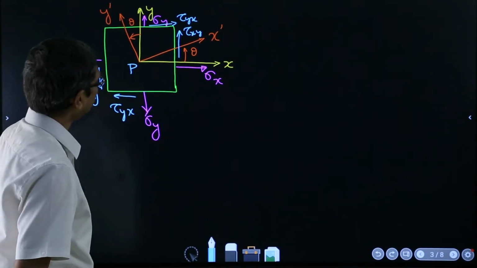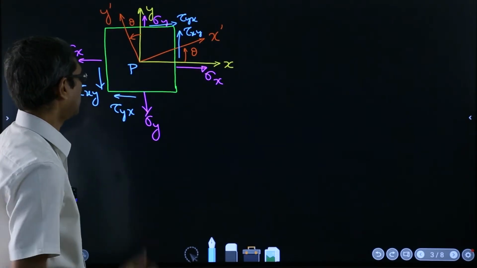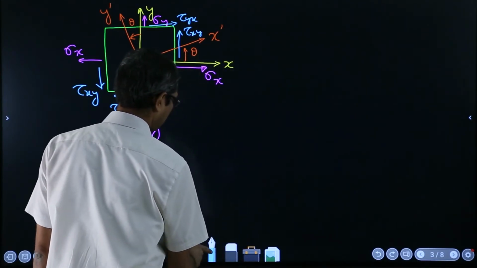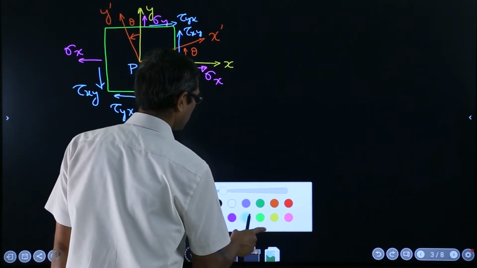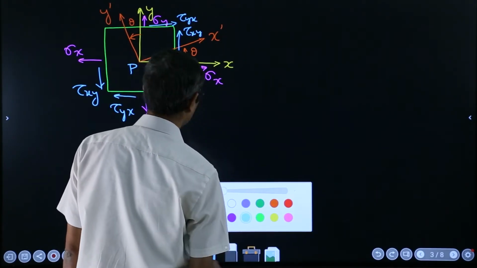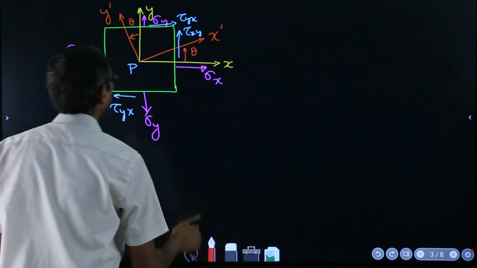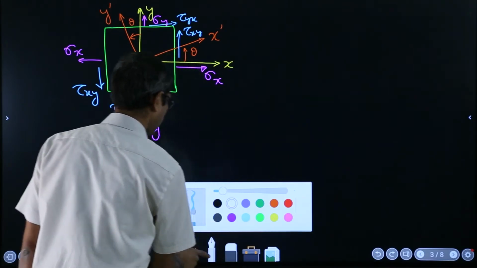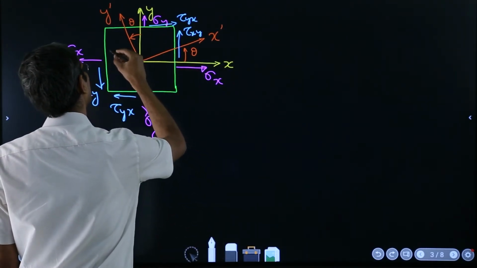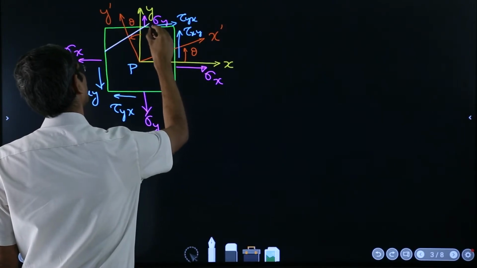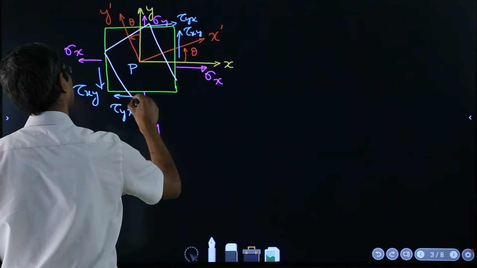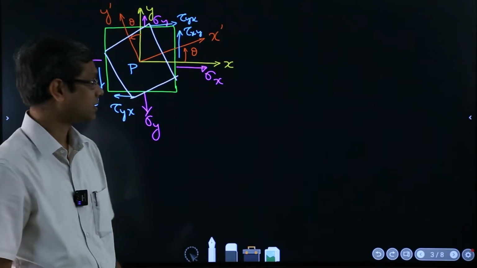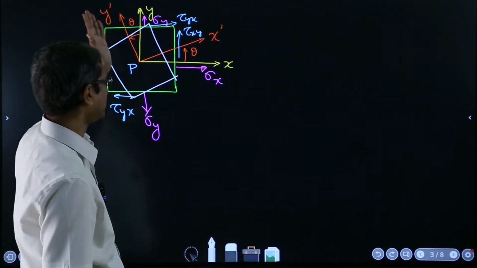And now you can think of this rotated coordinate system, or you can otherwise think of the elemental square like this also, where sigma x dash and sigma y dash will be acting.